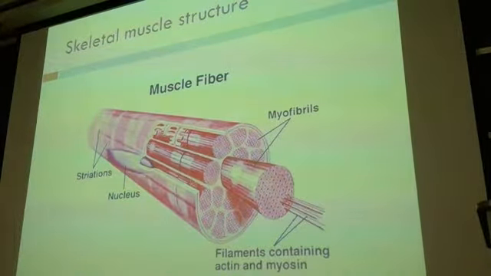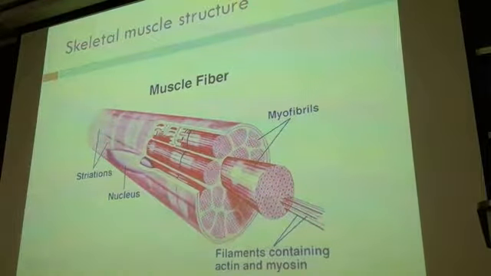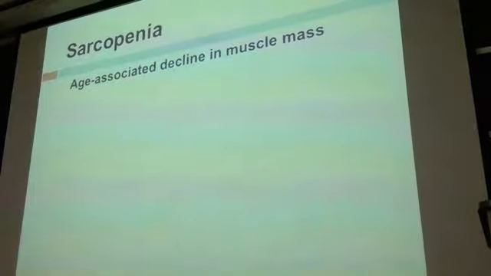They line up across these myofibrils in bands, which are called striations. But the important thing to take away from this is that there's a fiber that has bulk in it: the size of the myofibrils, the amount of actin and myosin, but also the number of cells. So those are the two parameters that govern muscle strength, the size and the number of these fibrils and the cells within them.